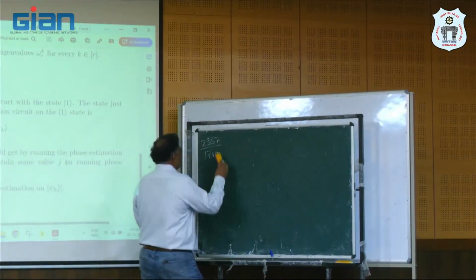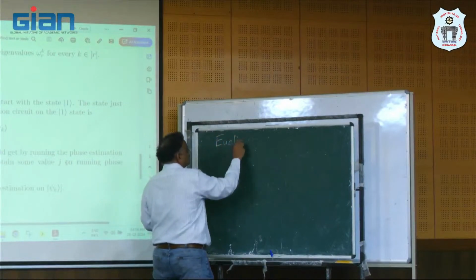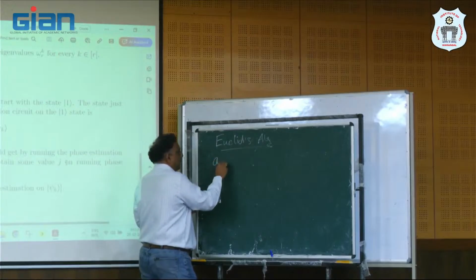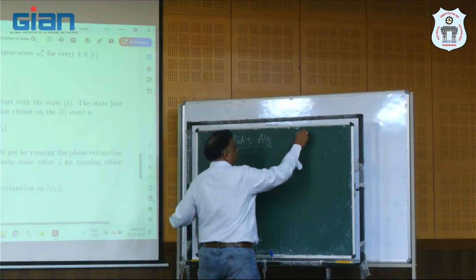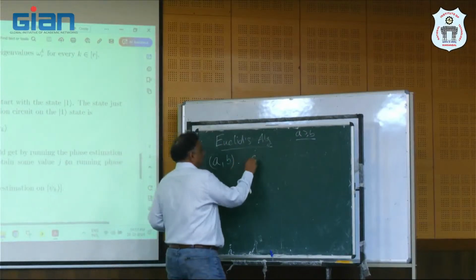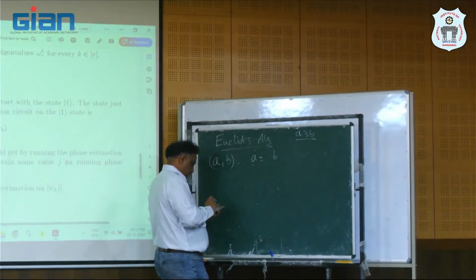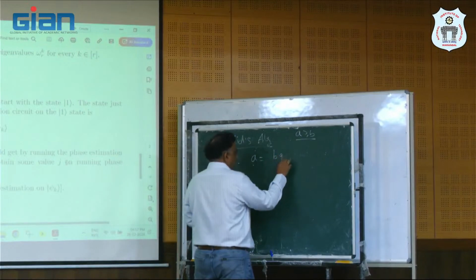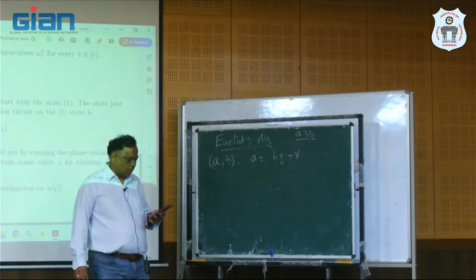Let us say you are trying to find the GCD of A and B. Assume A is greater than B. You write A as B times quotient plus remainder.